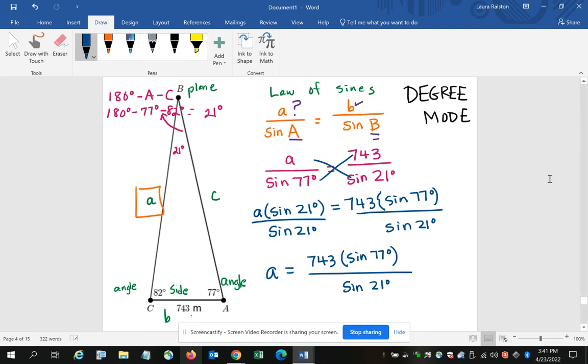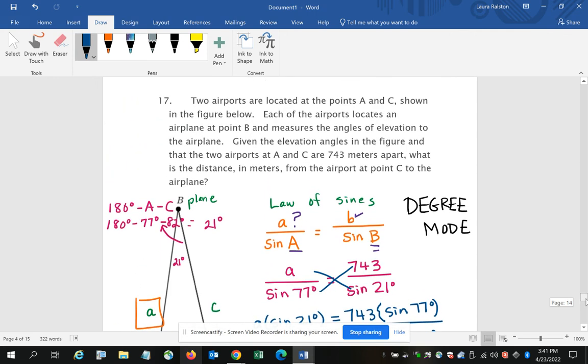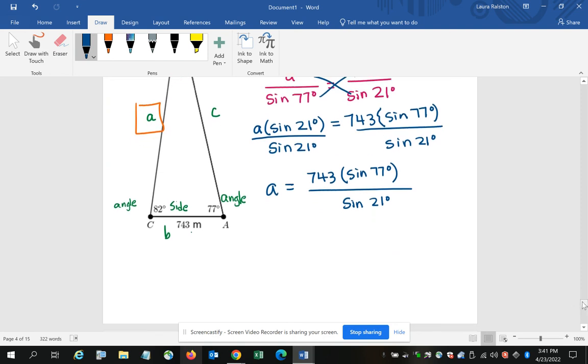And guys, at that point, this becomes a calculator problem, but I need to be careful, and it doesn't indicate how to round here, but on the test, it is multiple choice, so you'll kind of know how to round. So we're going to plug that into my calculator. We're going to do 743 times the sine of 77, get the answer, divide that by the sine of 21 degrees.